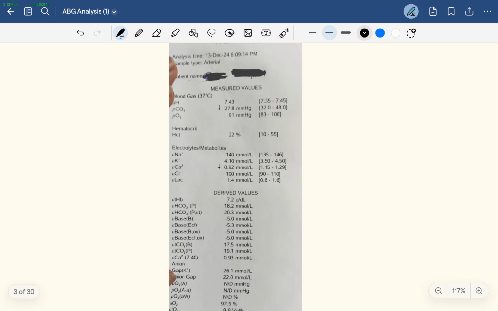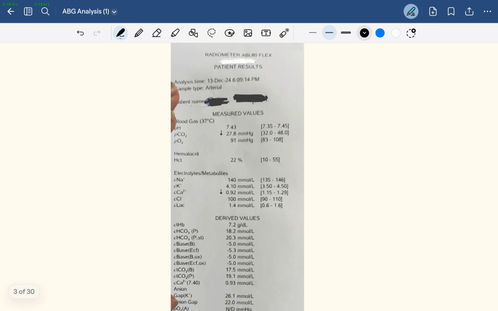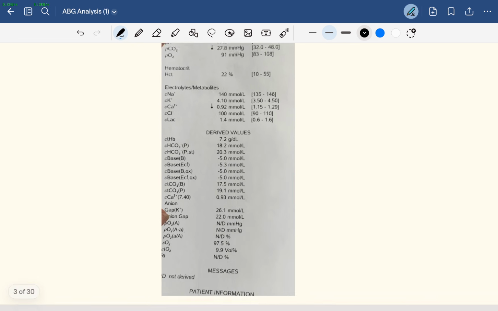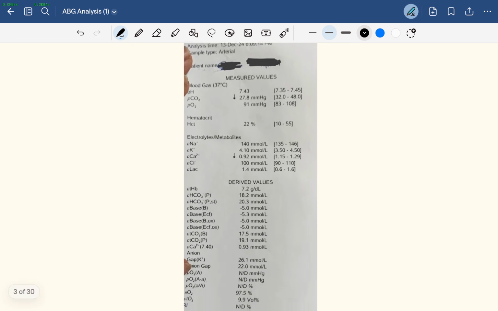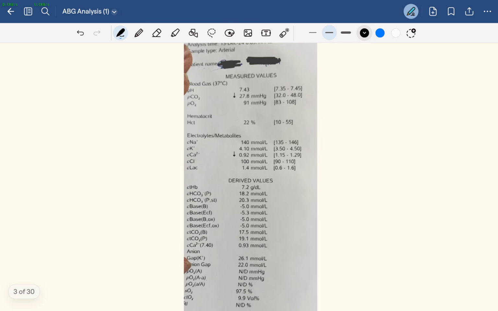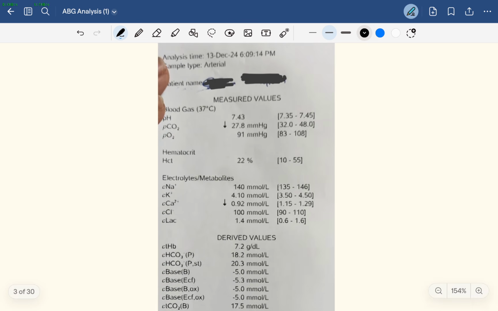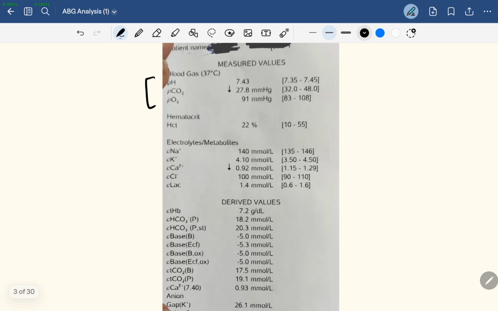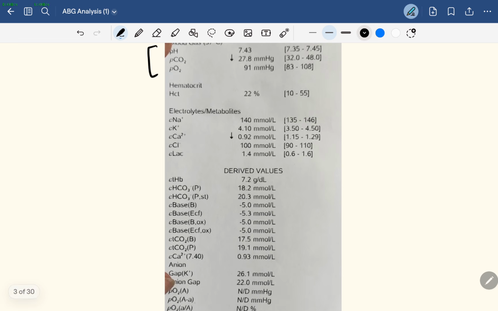So what you see here is an ABG slip. This is from one of the patients I took a sample for in my internship. Now, there's a lot of values on the slip, but to be honest, we don't really need all of these, especially for exams. So what you do need to focus on are these three values: pH, partial pressures of carbon dioxide and oxygen.